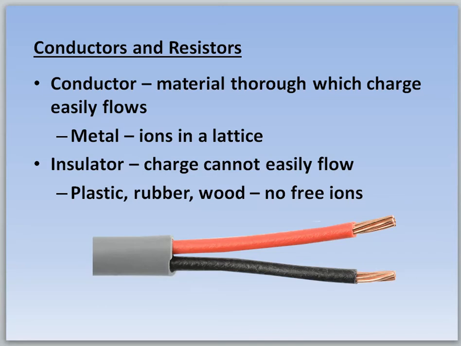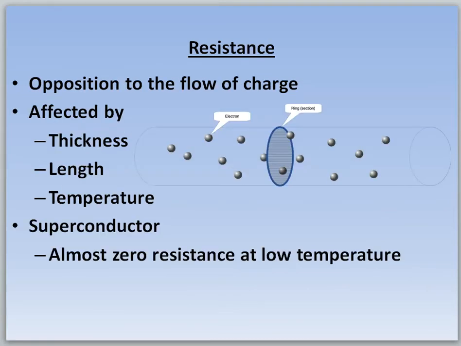Those electrons are in those stable shells that we talked about before, and so electrons do not flow easily, and so the electrical current does not flow easily, and so we call those insulators. Materials have what's called resistance to electrical flow. Now, if you think about that for a second, then insulators are going to have a high resistance to flow, and conductors would have a low resistance to flow.